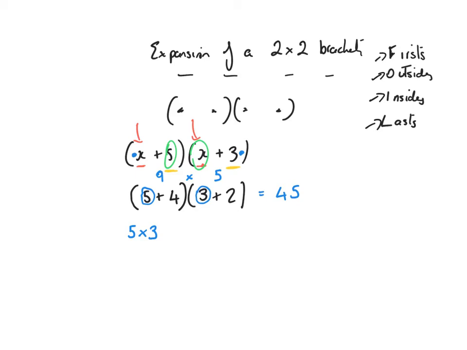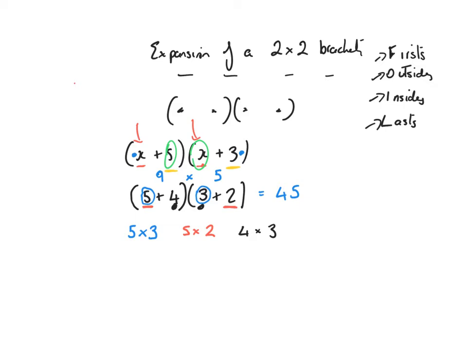The outside terms are the ones furthest away from each other, so that's 5 times 2. The inside terms are the ones closest together, so that's 4 and 3, multiplied together.